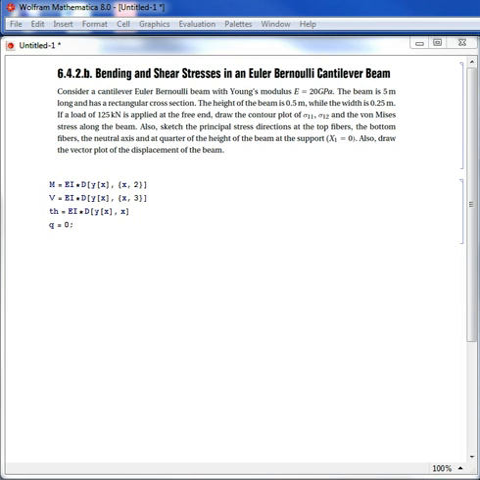Now, in order to apply the boundary conditions, the boundary conditions are usually given in terms of y, theta, shear, or moment. So, the moment on the left end, I will call it m1, and I will say that the moment on the left end is equal to the moment when x is equal to 0.